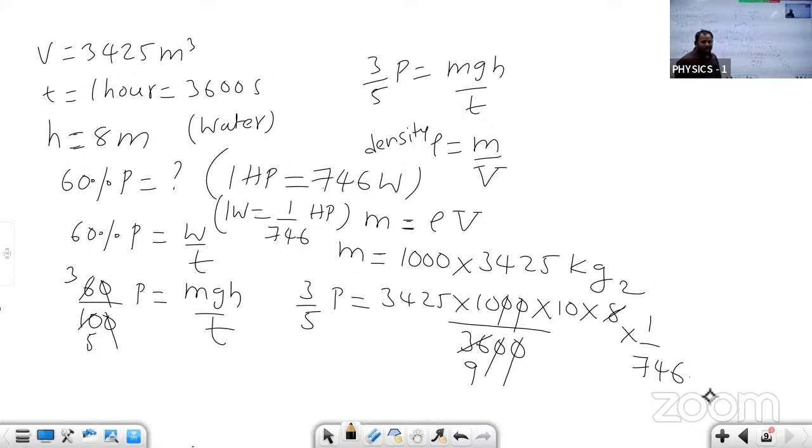Because of horsepower, we are doing this calculation. Without this, we can get the answer in watts, but now we need the answer in horsepower. That's why, students, 3/5 P. The remaining steps I am writing. 1 minute.